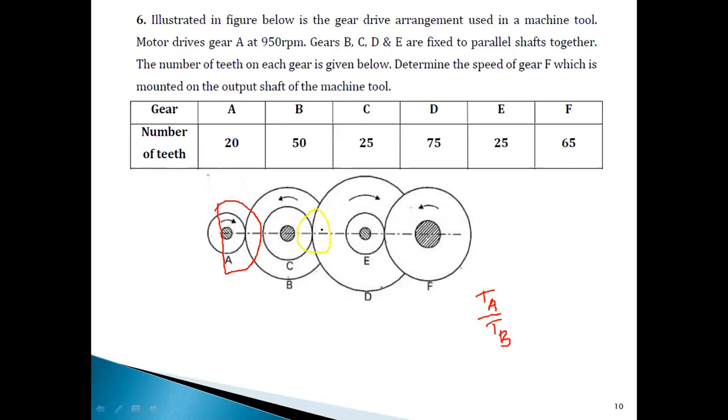C is driving gear D, right? Which means how I can write here is product of teeth of the driver gear to the driven gear. So here I can write this as TC by TD.